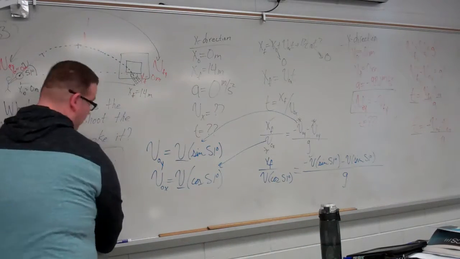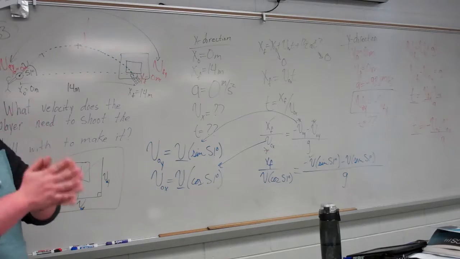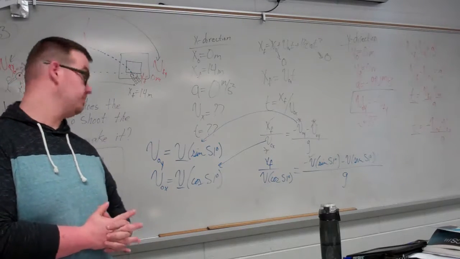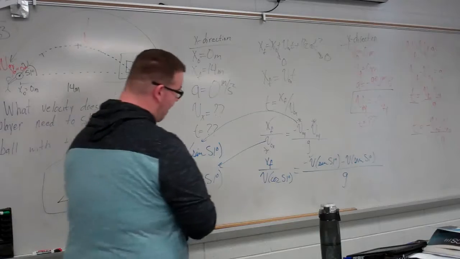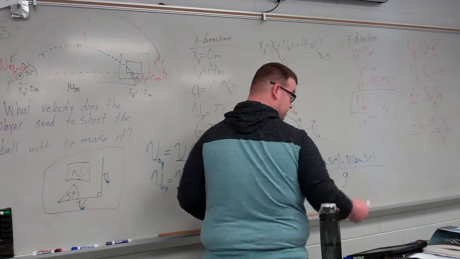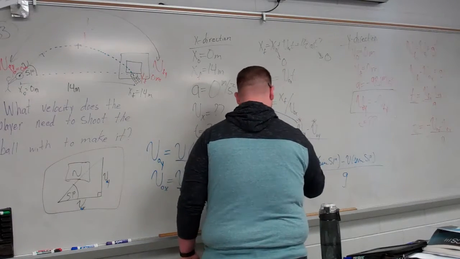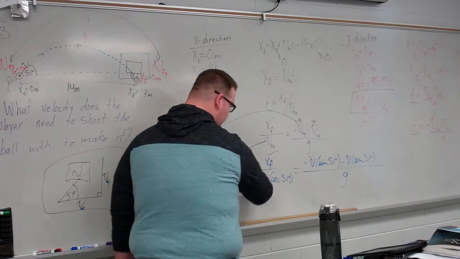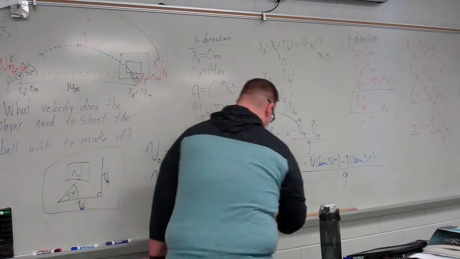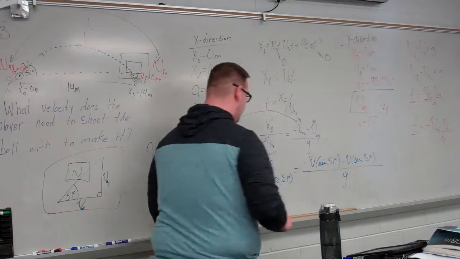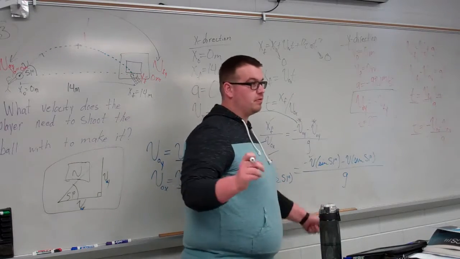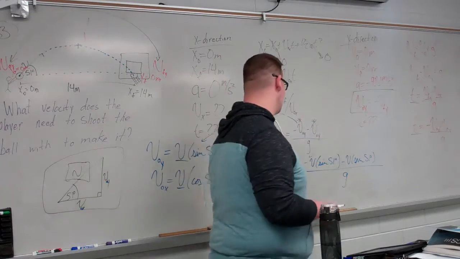This is what we've been working for. We've been trying to find one variable we do not know. Do I know the final position in the x direction? Yes, sir. So I know that. Do I know velocity? No, I'm trying to find it. You can put cosine 51 degrees in the calculator, you're fine.